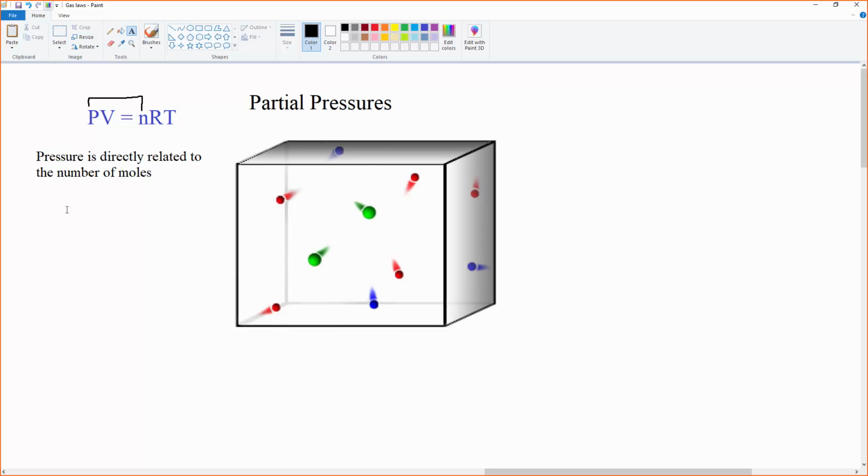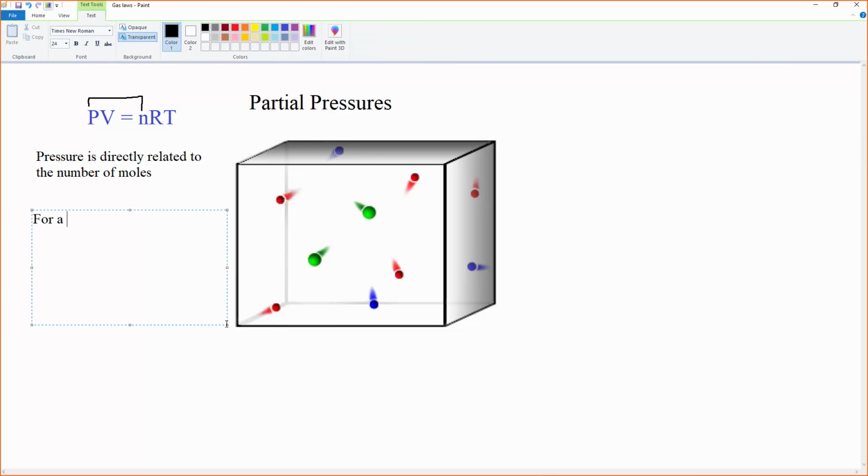So if I have a mixture of gases, the partial pressure, that is the pressure of each component gas, is directly proportional to the mole fraction, because pressure is directly proportional to the number of moles. The pressure fraction is directly related to the mole fraction.